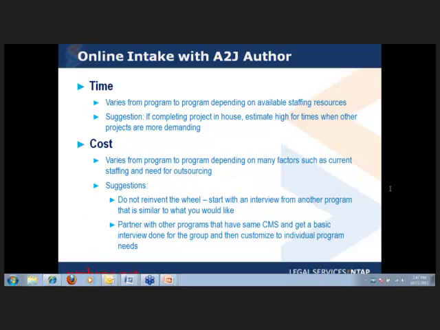It absolutely varies from program to program. Some programs have a technical staff, and some programs can barely keep their legal staff. So it really depends on your staffing resources. Some programs actually use attorneys to create their document assembly forms and their online intake, whereas some other programs might be larger statewide programs that have technical resources.